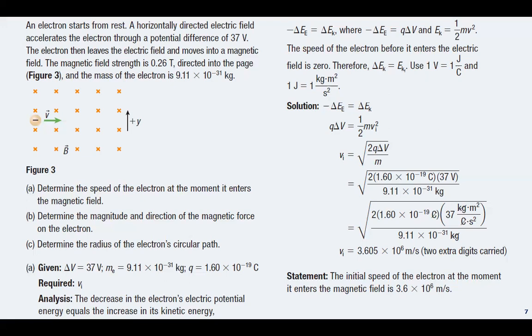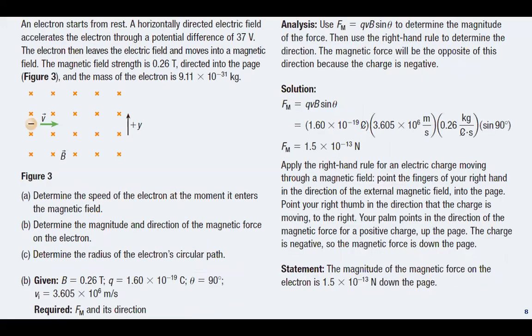Okay, next, let's have a look at the magnitude and direction of the magnetic force on the electron. We can use Fm equals qvB sine theta to determine the magnitude of the force. This gives us approximately 1.5 times 10 to the negative 13 newtons. Then we can apply the right-hand rule for an electric charge moving through a magnetic field.